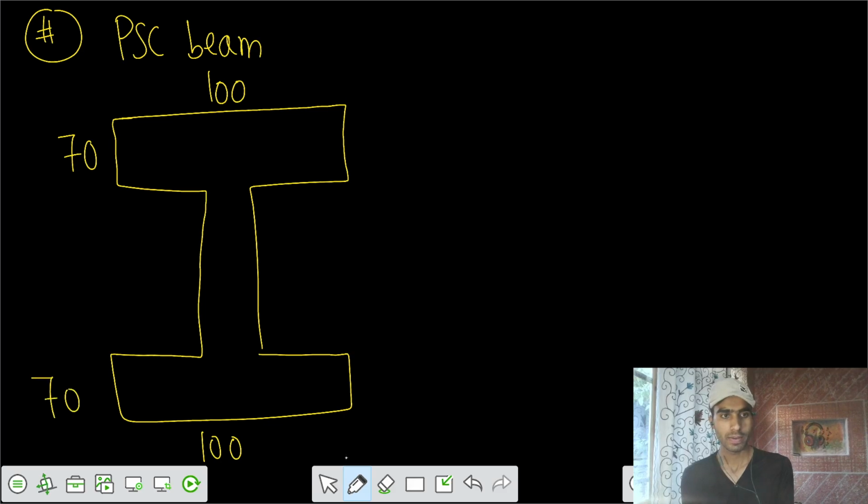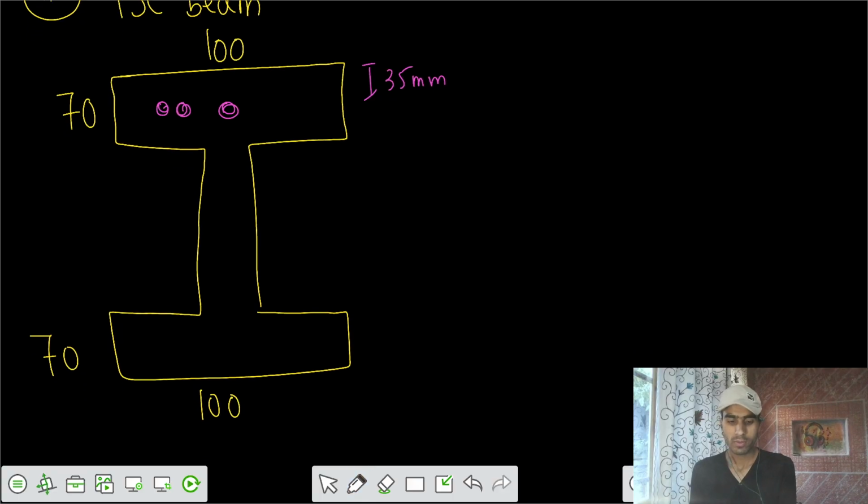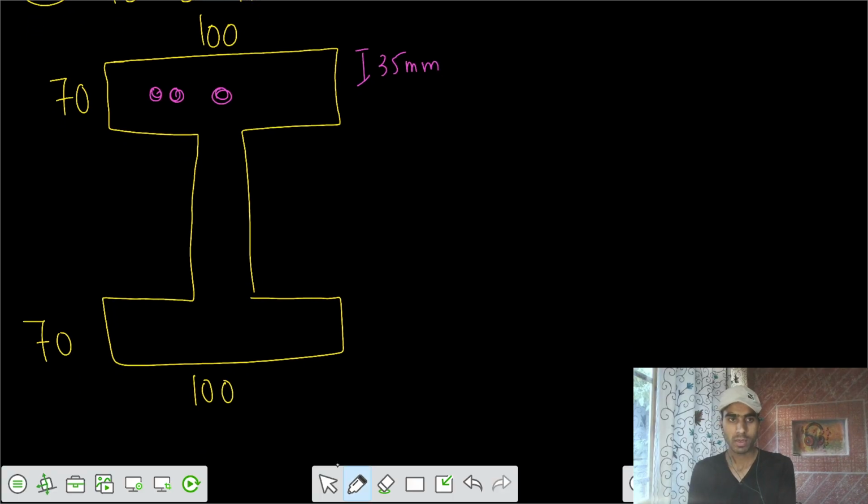This one is also 70, and we have placed the steel bars at the top and at the bottom. So we have placed 3 bars at the top, at 35 millimeters from the top, and similarly 6 bars from the bottom.